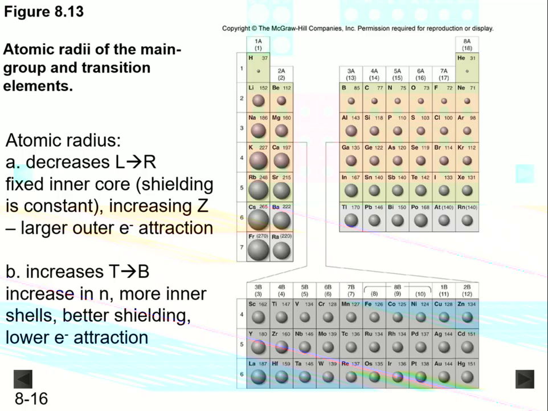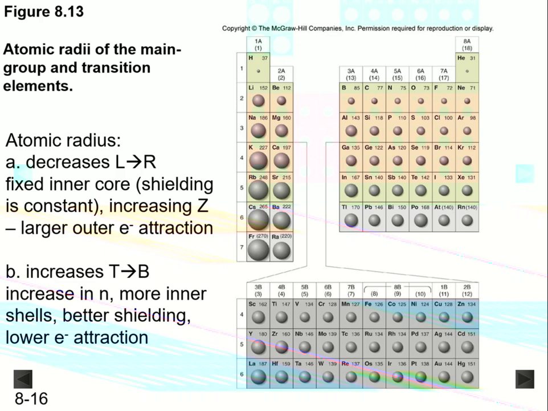Lithium has 3 nuclear charges but 2 electrons that shield it, so the effective nuclear charge is 1. Neon has a nuclear charge of 10 but 2 inner electrons, so its effective nuclear charge is 8. As the effective nuclear charge goes up, the outer electrons get pulled in more and more tightly, and the atomic size gets smaller.